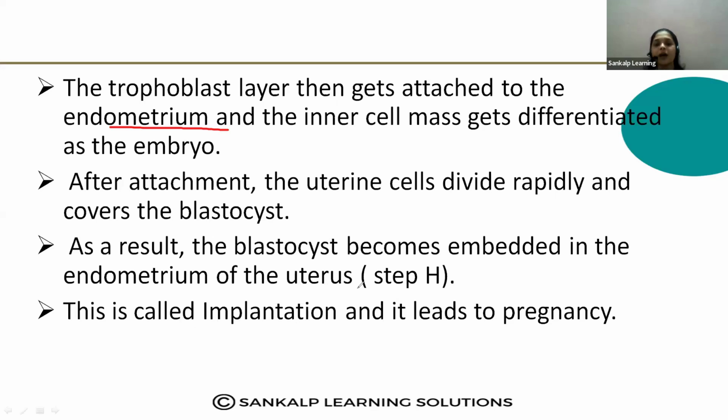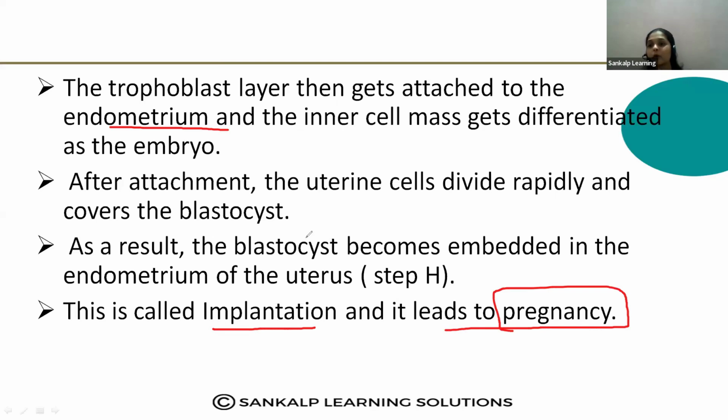So inside the uterus, it is attached in the endometrium layer, and this process is called implantation, and it leads to pregnancy. What is pregnancy then? When the blastocyst gets attached to the endometrium of the uterus, then it leads to pregnancy.